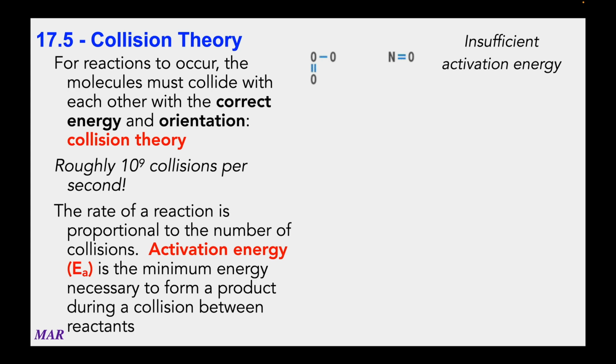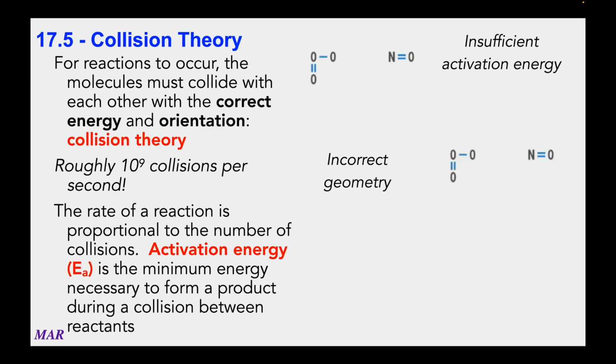The N and the O that hit each other are just like, oh yeah, sorry about that, didn't mean to slam into you. It's like a low collision car wreck, if you will. Not a lot of damage, maybe a tiny bit to the bumper. So this is an example of when the molecules don't have enough energy to make products. They have to have enough activation energy if they're going to actually make any products.